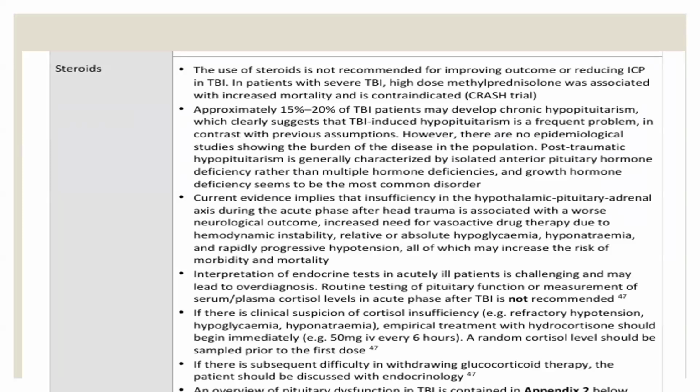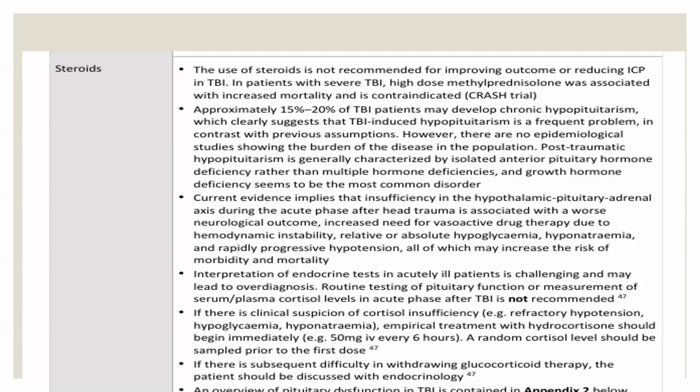Now, regarding steroids, the use of steroids is not recommended for improving outcome and reducing ICP. In patients with severe traumatic brain injury, high dose methylprednisolone was associated with increased mortality and it is contraindicated. Approximately 15% to 20% of traumatic brain injury patients may develop chronic hypopituitarism, which clearly states that traumatic brain injury-induced hypopituitarism is a frequent problem, in contrast with the previous assumption.